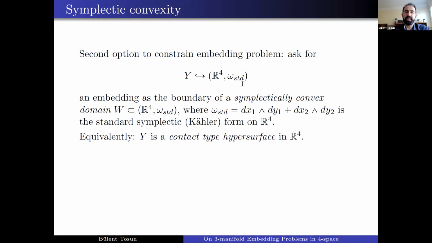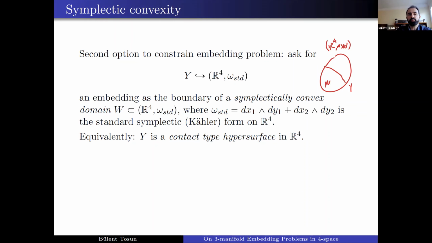So the picture we should have in mind is something like this. Here we have our R^4 with the standard symplectic structure. I'm sorry, my handwriting or style is nowhere close to how Angela did. So here you should think about this Y, which is a codimension 1 submanifold. Here I guess this will be our W.